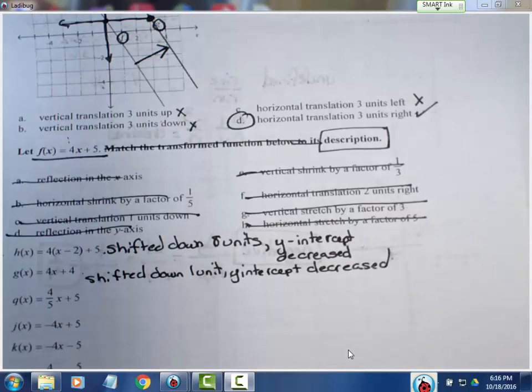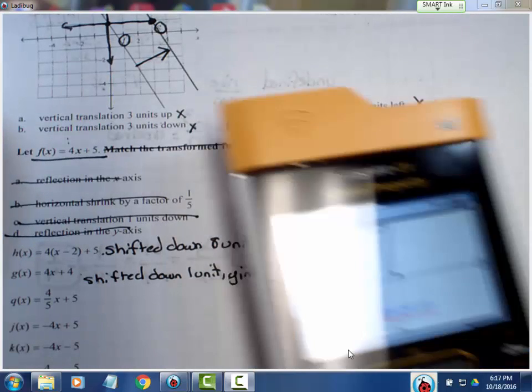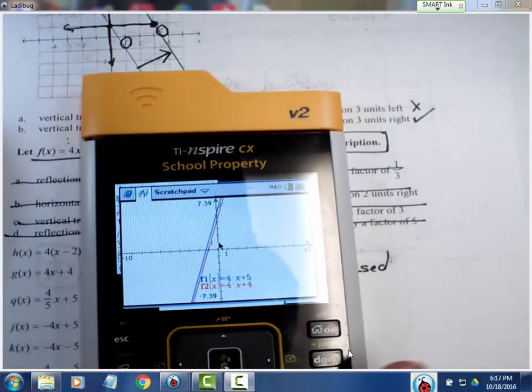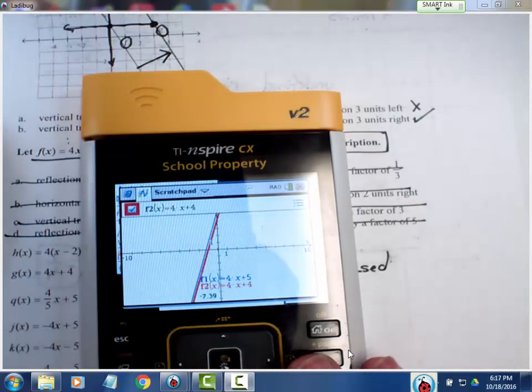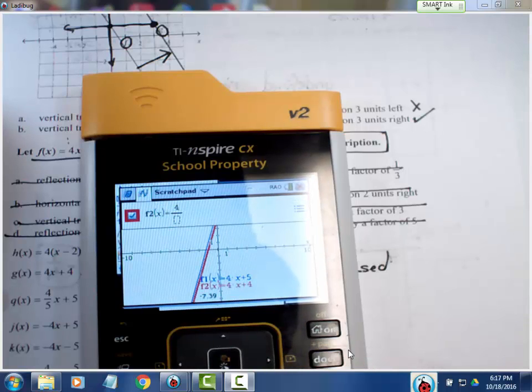Okay. And then we go to the next one. Okay. So again, I'm going to hit tab. I'm going to arrow up to get rid of the previous f of 2. And I'm now going to type 4/5. So I'll hit Control Divide 4/5 x plus 5.